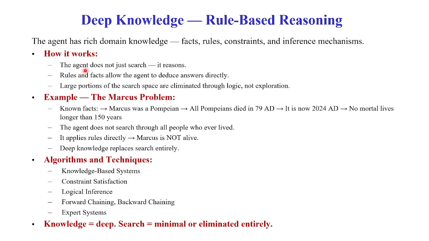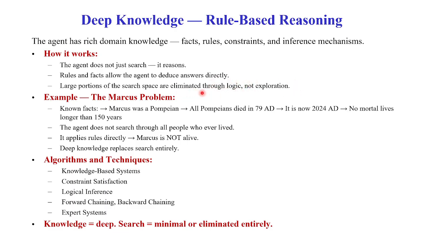How does it work? The agent does not search, it reasons. Very important. Rules and facts allow the agent to deduce answers directly. Large portions of the search space are eliminated through logic, not exploration.